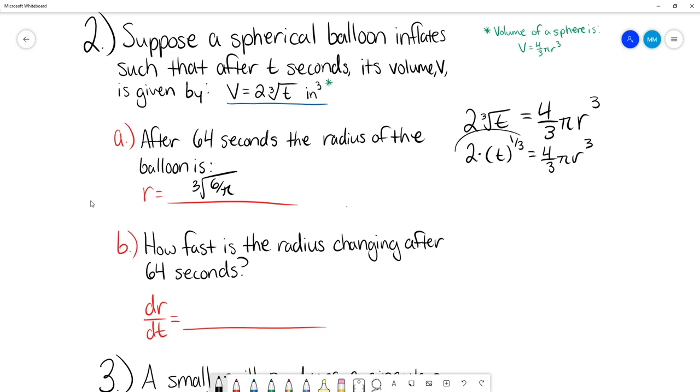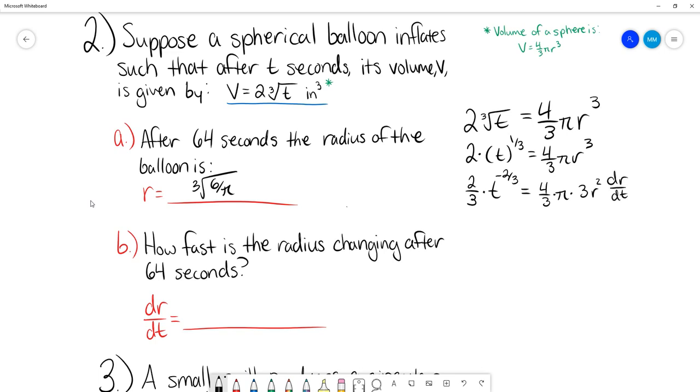So take the derivative of this side. Well, it's going to be 2 times 1/3, because I bring my power in front, times t, and I subtract 1. It's going to be to the negative 2/3 power, equals, and we take the derivative of this side, so I get 4/3 times pi times 3r squared dr/dt.